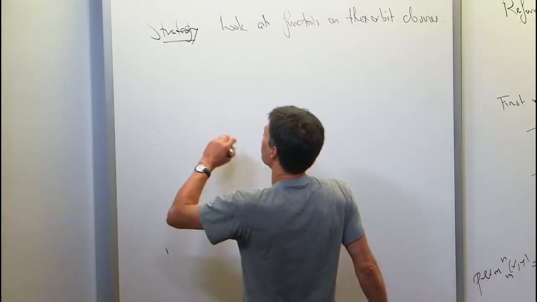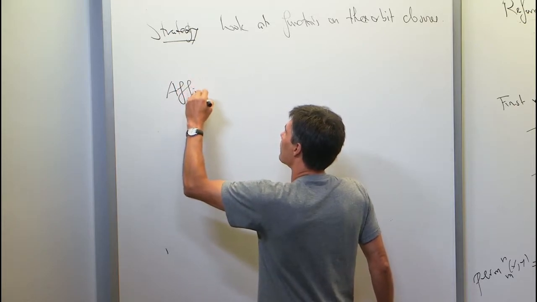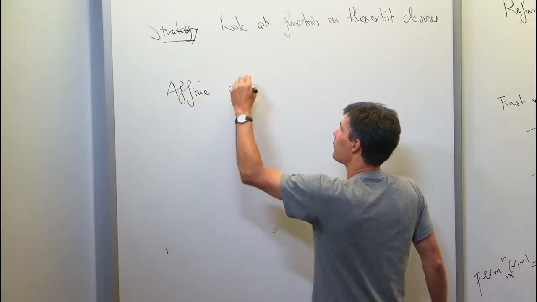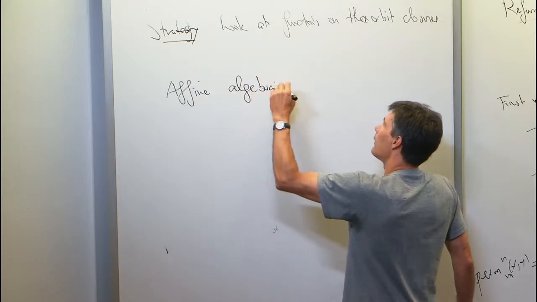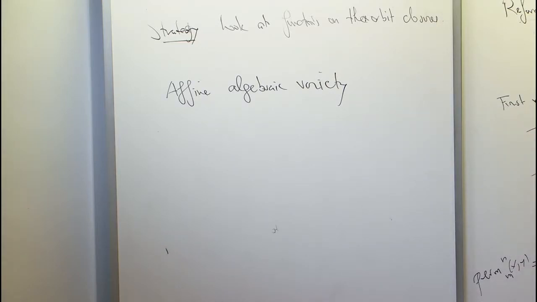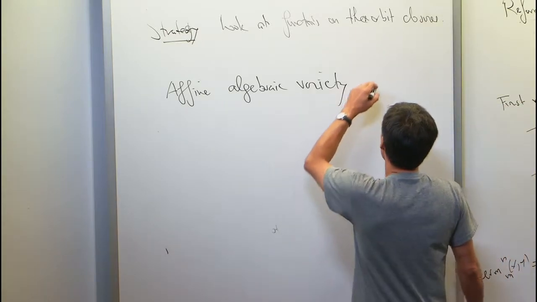So we have the notion of, let's say, an affine algebraic variety. It'll be very basic, but we can see it, as I said, as a set of zeros defined by some polynomials. So an affine algebraic variety, it would be Y.